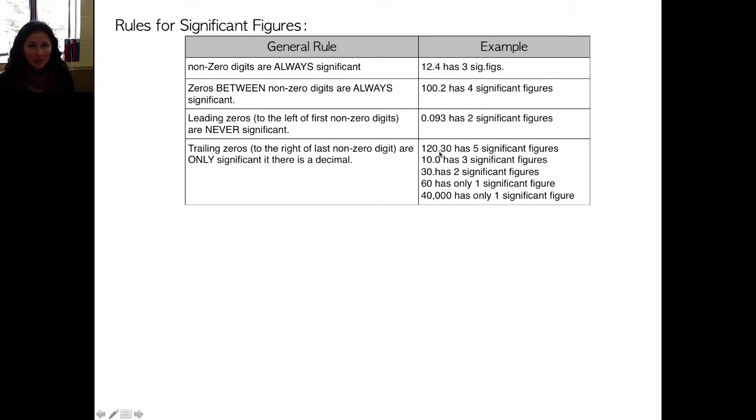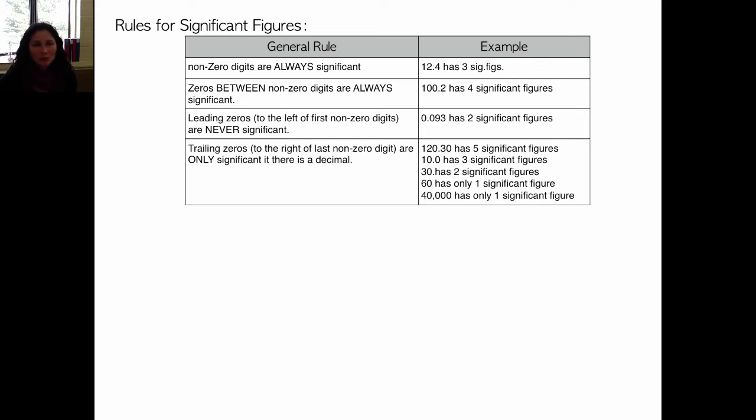So in this number, there's a decimal. That means that this 0 is significant. There's a decimal here. That means that both of these numbers are significant. Decimal, yes, it's significant. No decimal, that means there's only 1 significant figure in this number, 60. And once again, no decimal, only 1 significant figure from the 4.